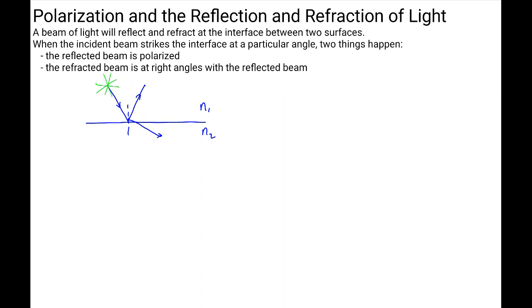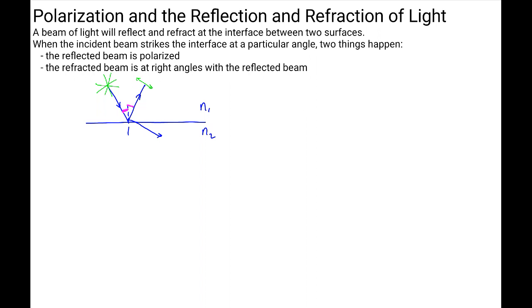They undergo reflection at a special angle. So we know that that angle actually is the same as that, right? Because the angle of incidence equals the angle of reflection. And then we end up with polarized light from the reflection.